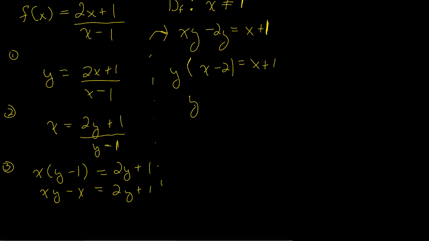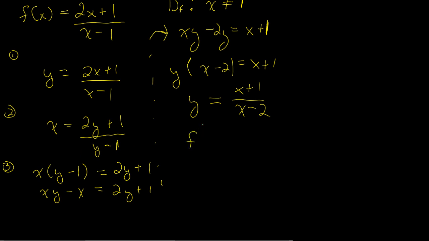And I'll divide both sides by x minus 2. Make sure, let's see. Cross multiplied, checking my signs here. Yep.